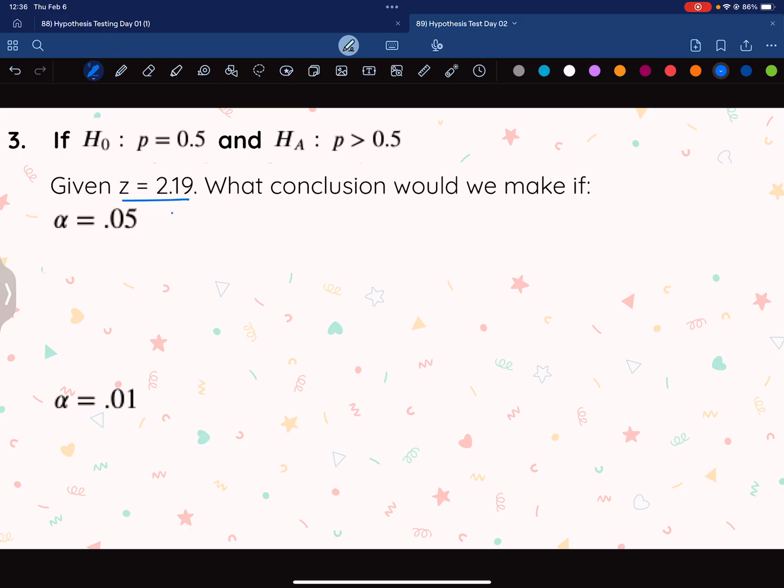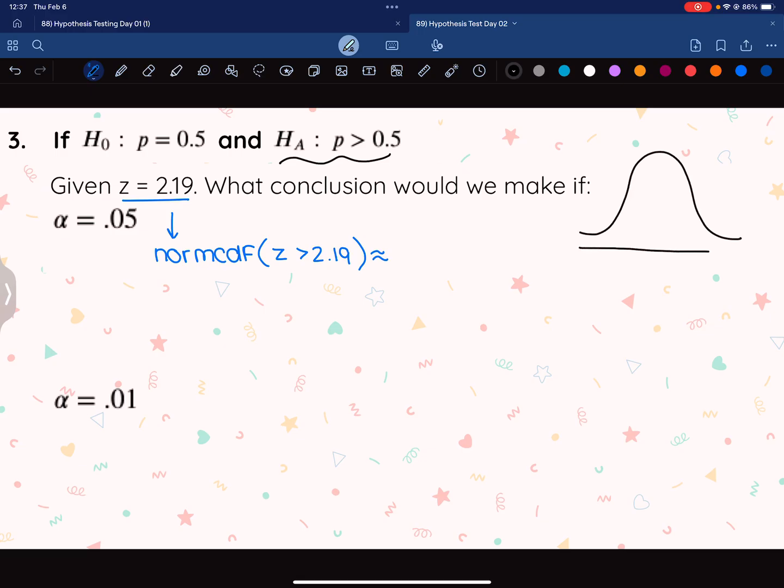If you have a z-score, we're using that in our norm CDF. We're doing z greater than 2.19, because the alternative hypothesis is setting a lot up for us. 0.5 is what we assume to be true, and we're getting 2.19 as my z-score.